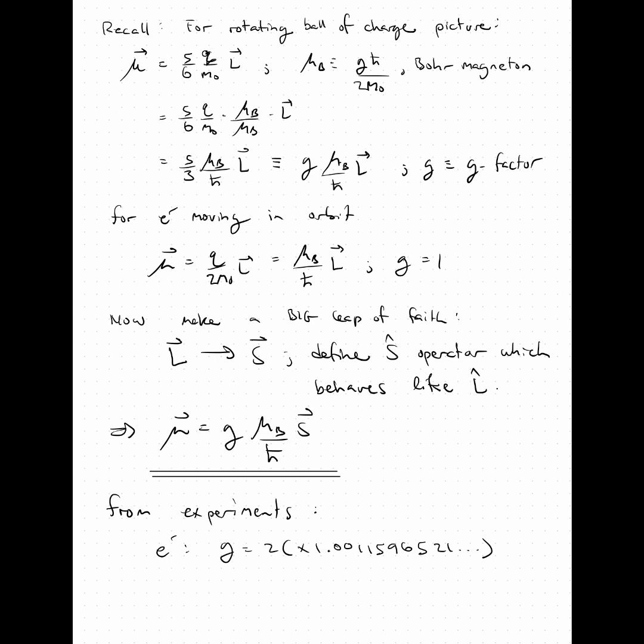And for the proton, it turns out g is minus 5.6. Again, these are experimental values. And the neutron is g plus 3.8.